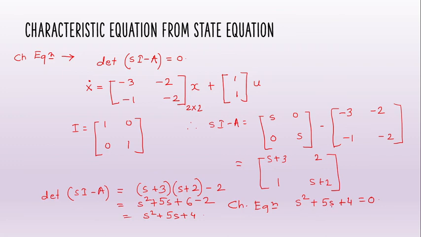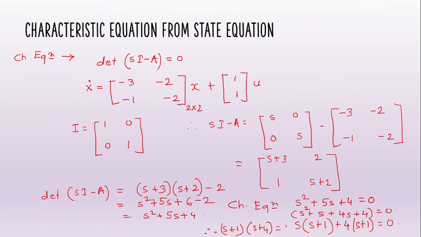If we factorize it, it will be s square plus s plus 4s plus 4. Therefore it will be s into (s plus 1) plus 4 into (s plus 1) equal to 0. Therefore (s plus 1) into (s plus 4) equal to 0.